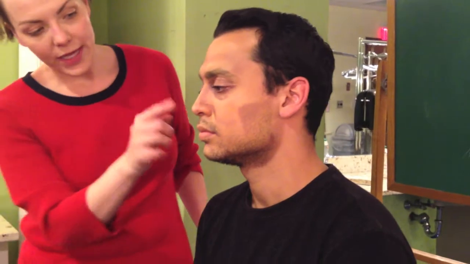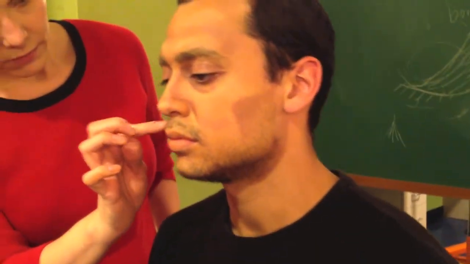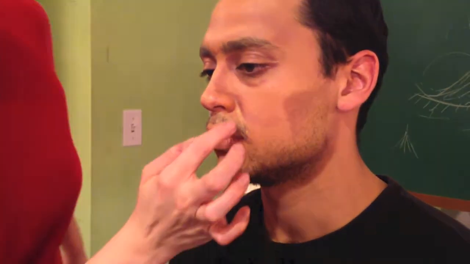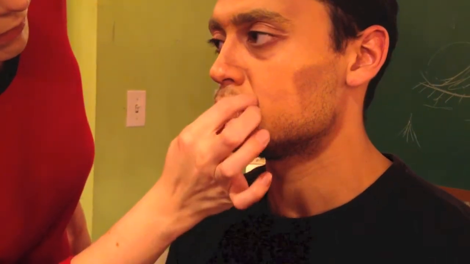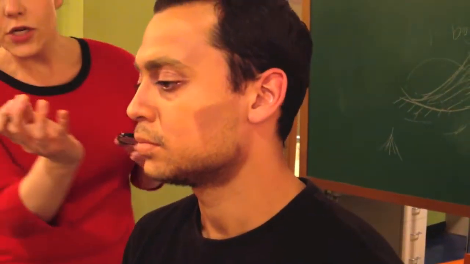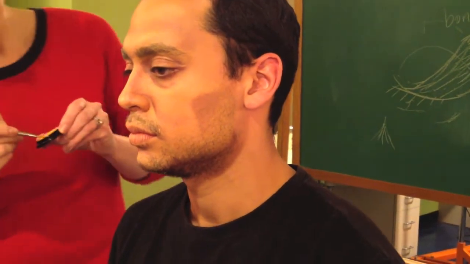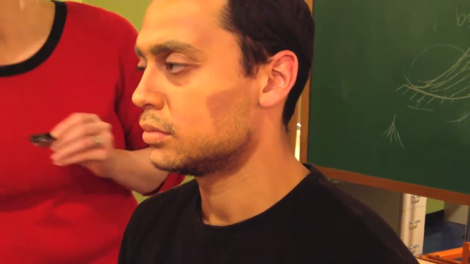A little highlight above the lips will help sell this fold here. And then a little bit softly, just past where it's all blended out to the cheek, just to suggest right above, like on the apple, a little up here.